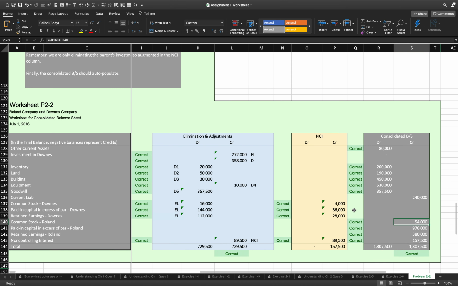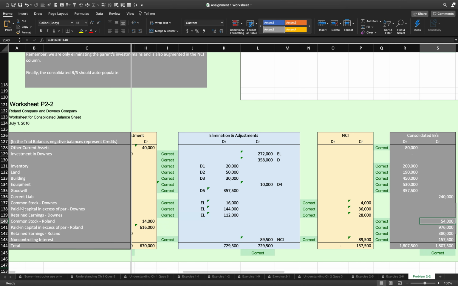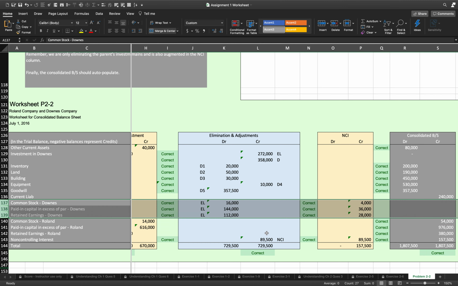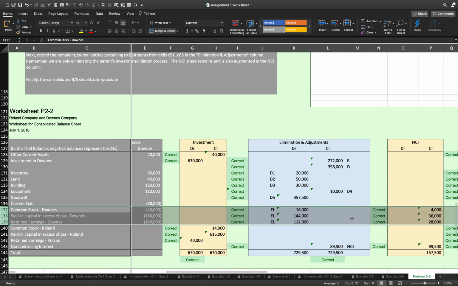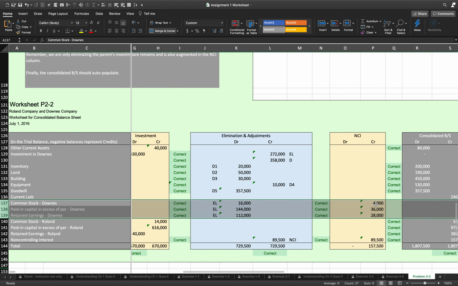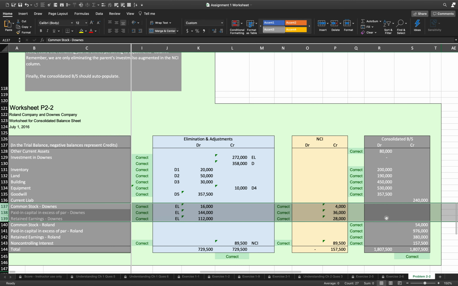And what happened to the Downs equity? Downs Company's equity was this right here. We took away 80% of it by a debit here. We leave as a credit these amounts for the NCI's share. But again, we are not going to put that in here at all because we don't want on our consolidated balance sheet anything that pertains to the equity of NCI's share.